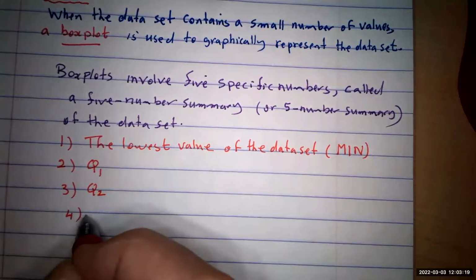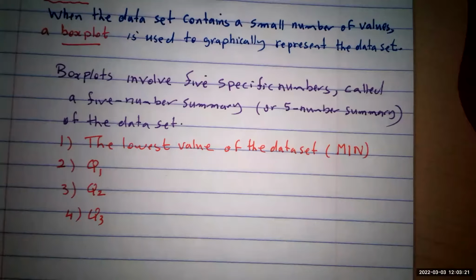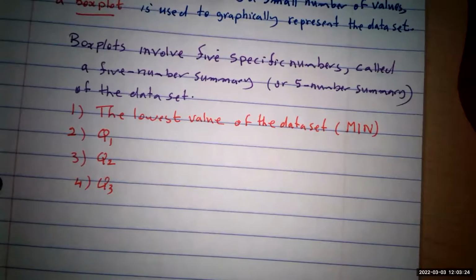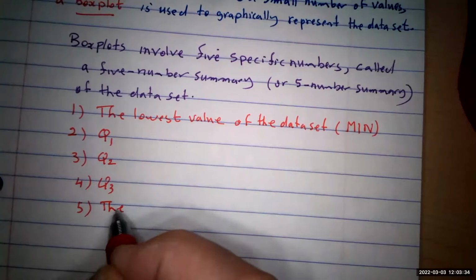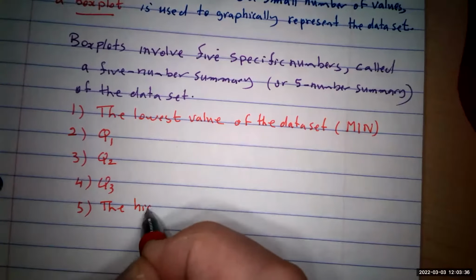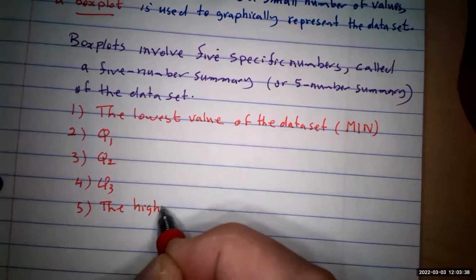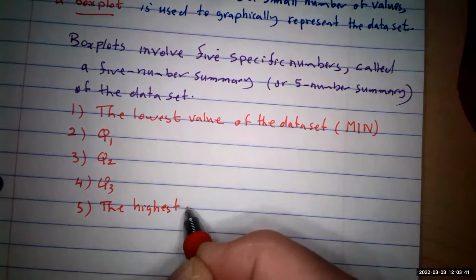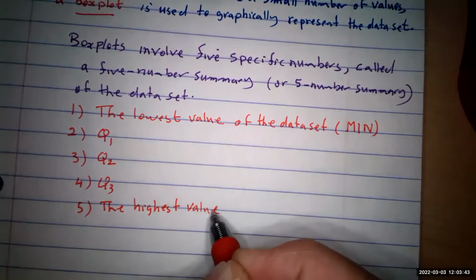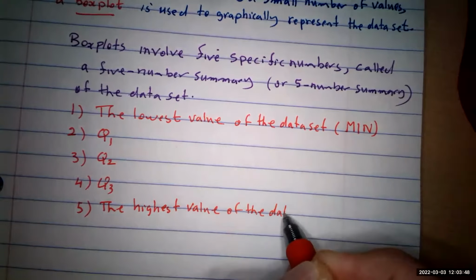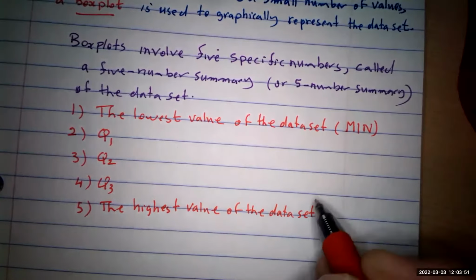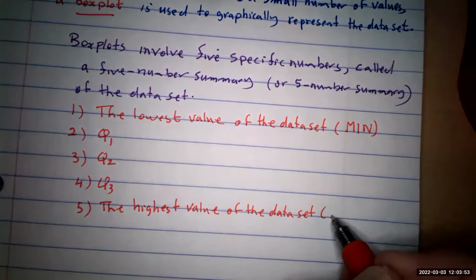The fourth number is Q3. We need all three. That's why we give you that shortcut. And the fifth number is the maximum, the highest or largest value of the data set.